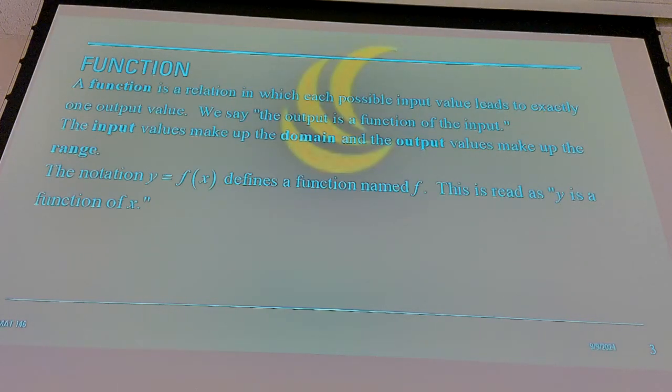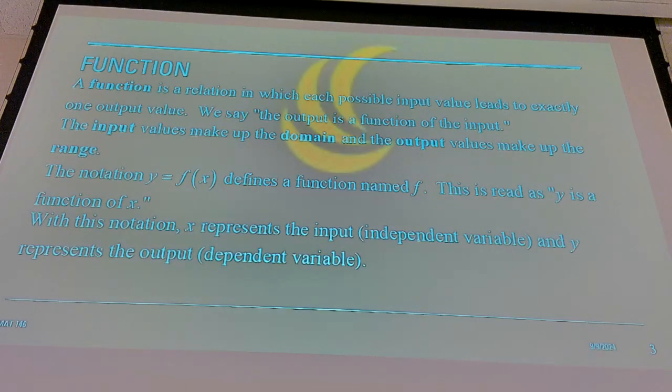X would be your independent variable, your input. Y is the dependent variable, the output. Okay. Easy way to remember that. Y depends on the value of x. So it's dependent. Which is stated again there.